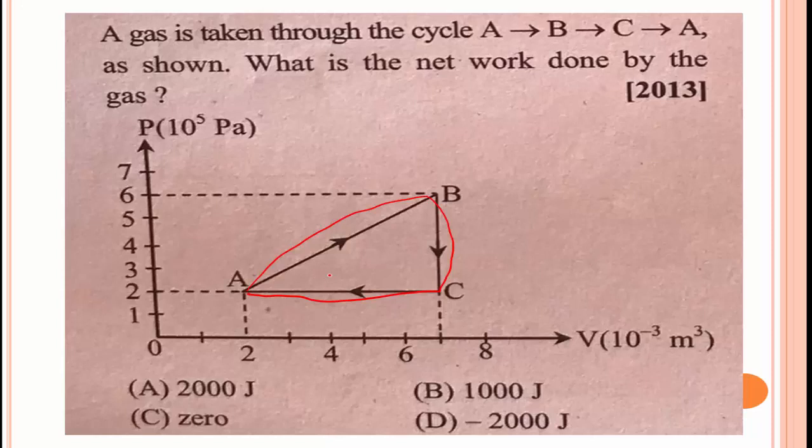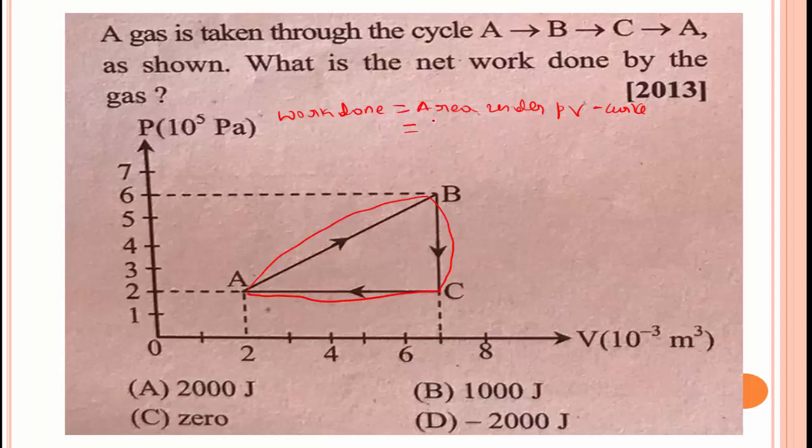Net work done. Here, work done is calculated. We know the formula, work done is equal to the area under the PV curve. The area under this PV curve is in the form of a triangle.